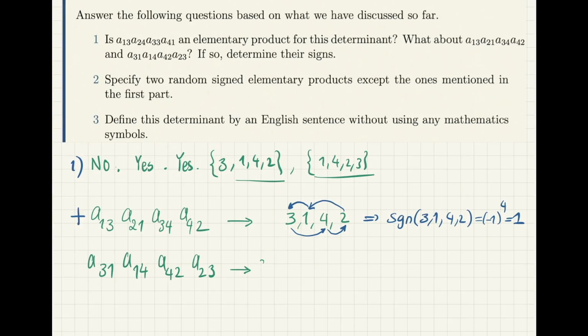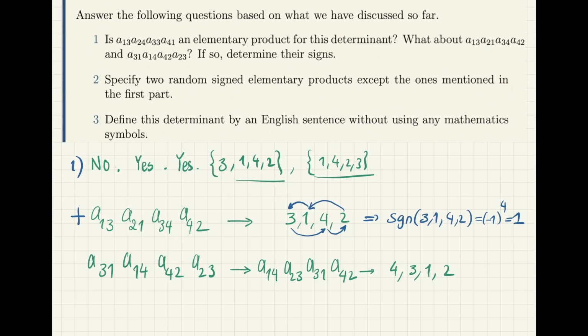So I need to write A14 first, and then A23, and then A31, and then A42. And then you need to read the second indices. So what are the second indices now? They are 4, 3, 1, and 2.